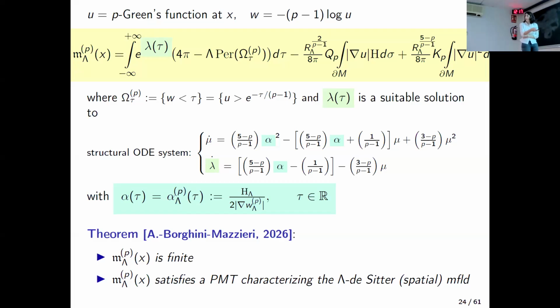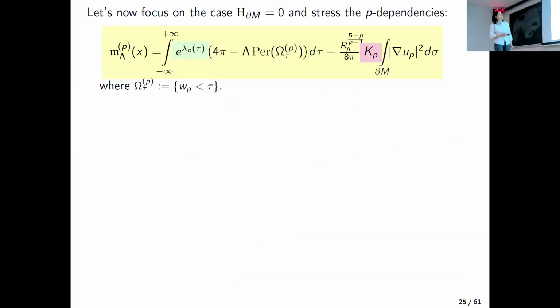For things like the positive mass theorem, and to say that this mass is finite, as I said, at every p fixed, it was not really so easy to study the asymptotics of this lambda function at minus and plus infinity. But another thing that we can do is to fix tau and see what is the behavior of this function as p goes to 1, okay? So to see this, let me tell you the following.